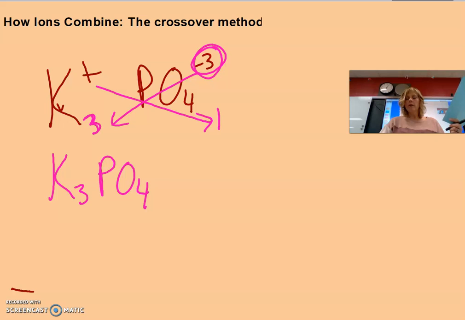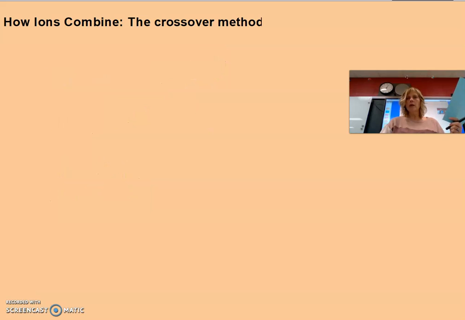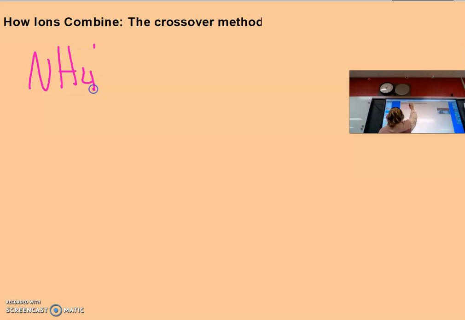Okay, there's a couple of other things that I want to go through. You will notice on your polyatomic ion sheet, the only commonly occurring positive polyatomic ion is ammonium, which is NH4 with a +1 charge.